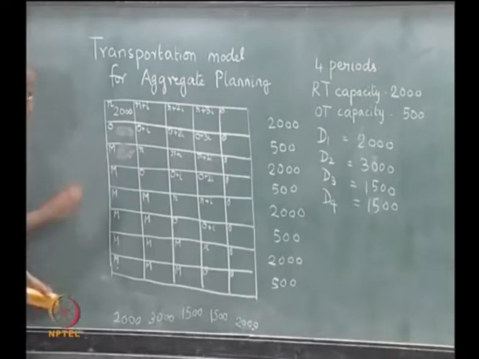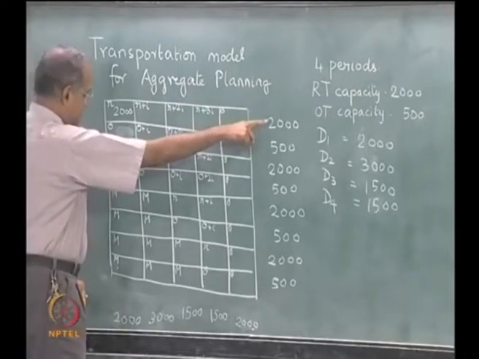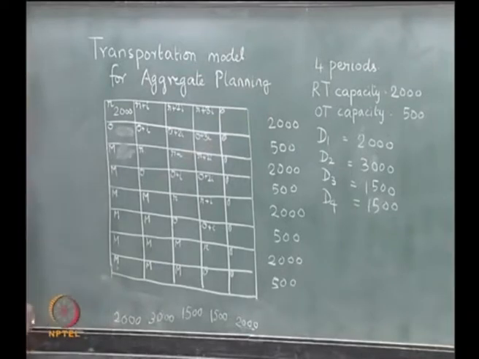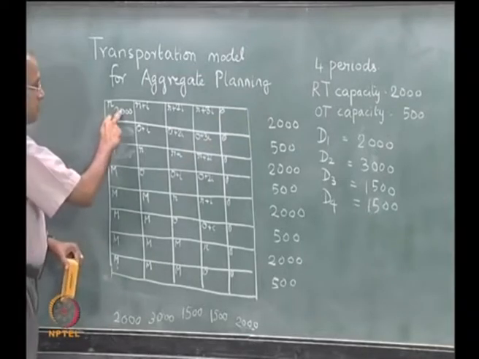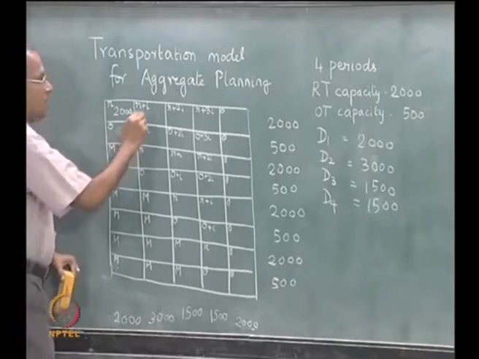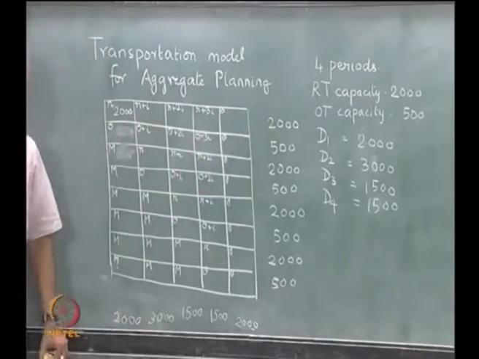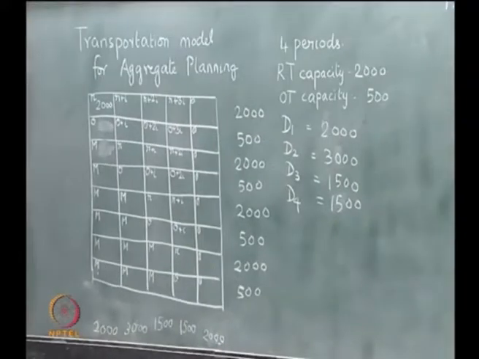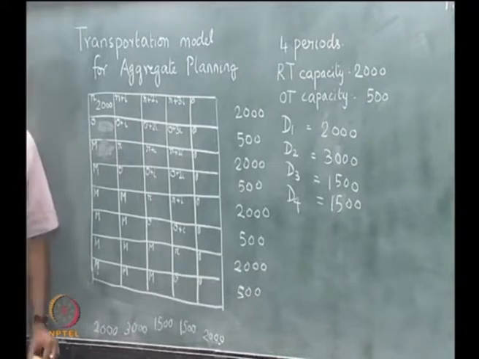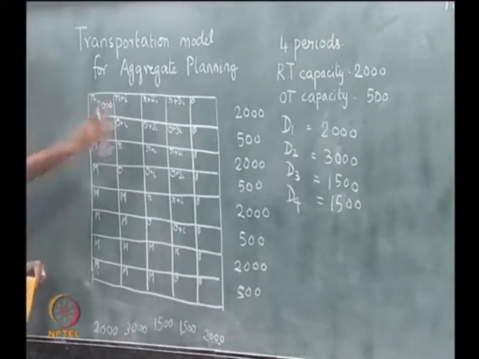Now if we apply the northwest corner rule, we have 2000 here, we have 2000 here. So, we will use up all the 2000 here. So, this will go and this will also go. In fact, let me also make a very minor change in the data, so that we can show a few more things as we move along.